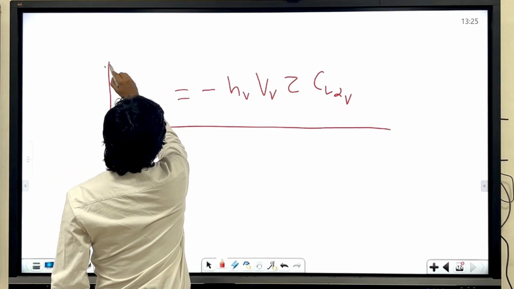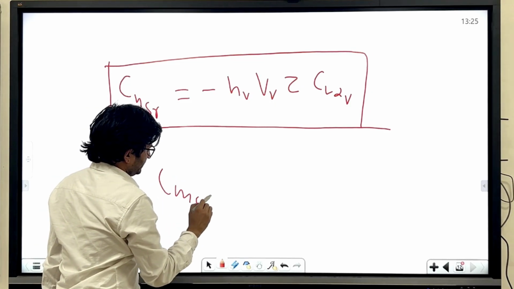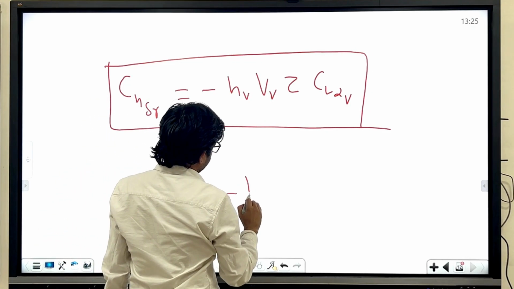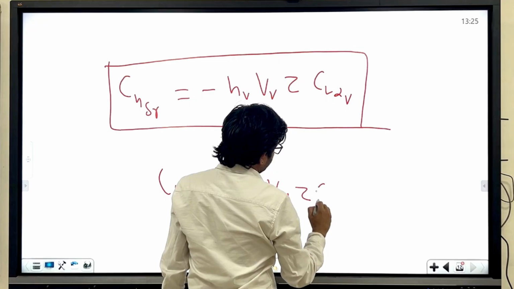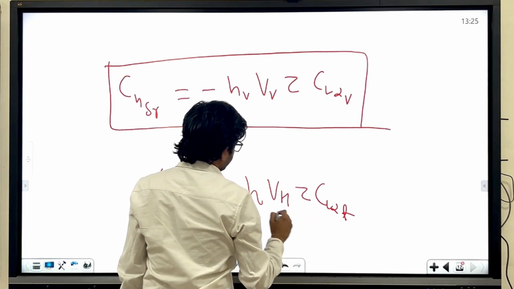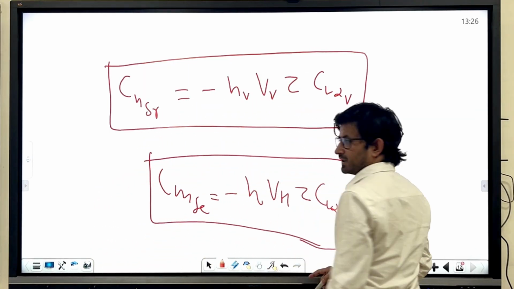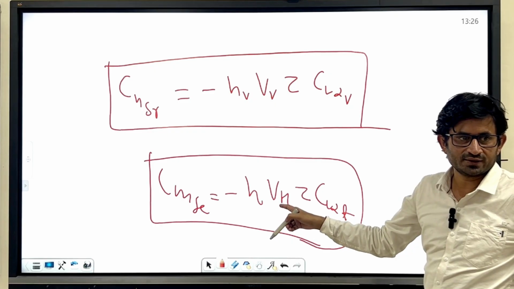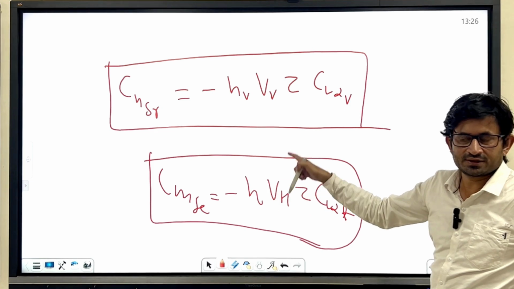Are you aware of this? Cm delta E is minus eta V V_H tau C_L alpha of the tail. I already explained this, right? In the longitudinal case it is the same.